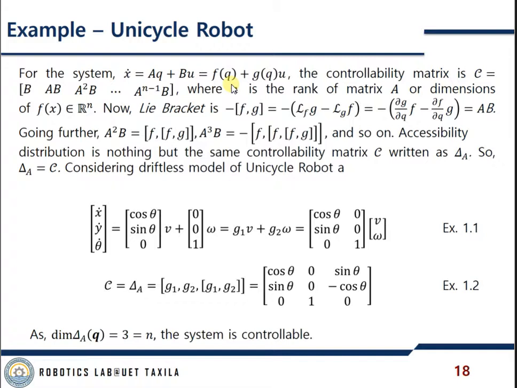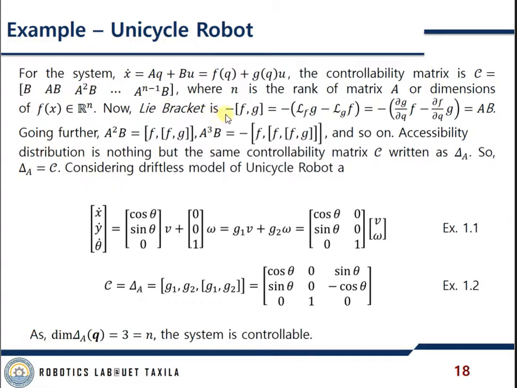The controllability matrix is this one, C. This is different than configuration space, so I've mixed up variables, but here is the controllability matrix. We know for a linear system it's equal to B, AB, A squared B, and so on up to A to the n minus 1 times B. So if the system is, let's say, 4 degrees of freedom, it's going to be A cubed into B. The n is the rank of matrix A or dimension of f.